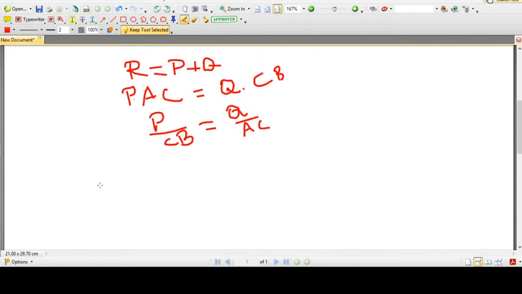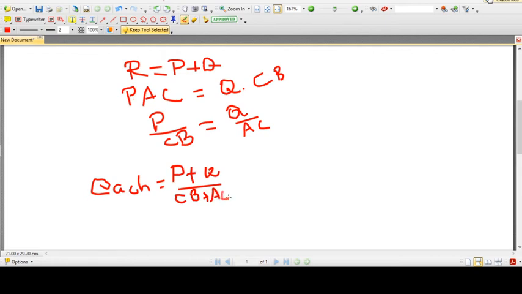From this equation each ratio is equal to P plus Q divided by CB plus AC.